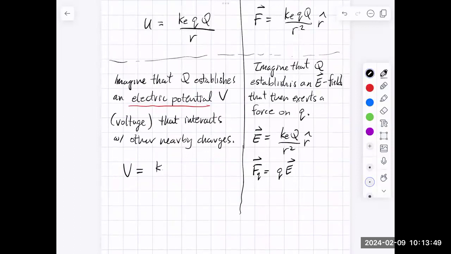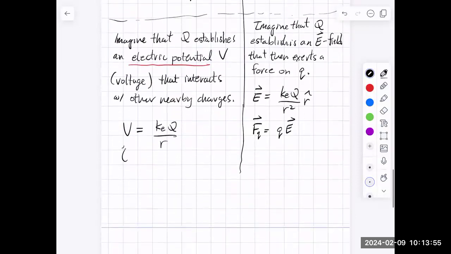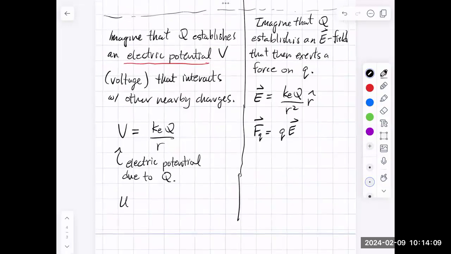And so it's just going to be Ke big Q divided by R. And so this is the electric potential due to big Q. And so then the potential energy between the pair of point charges is just going to be little q times V. So this is going to be the potential energy of little q in the potential of big Q.